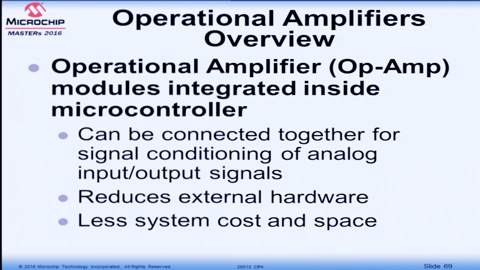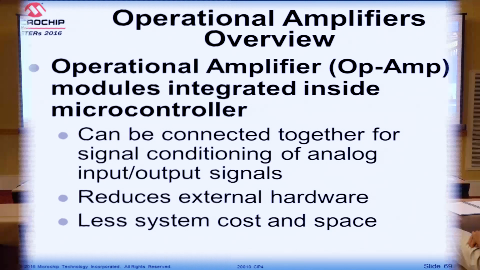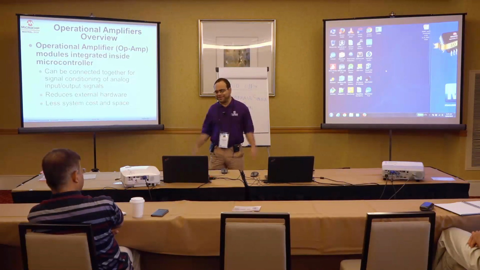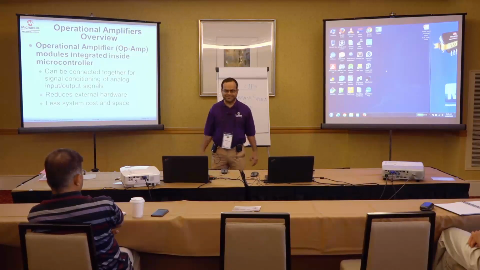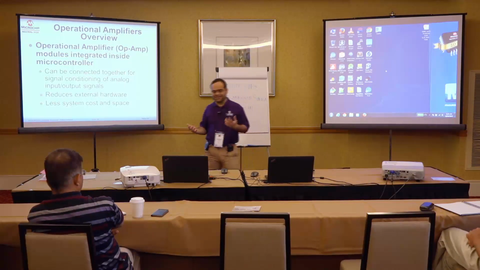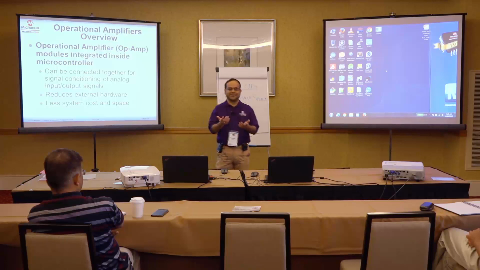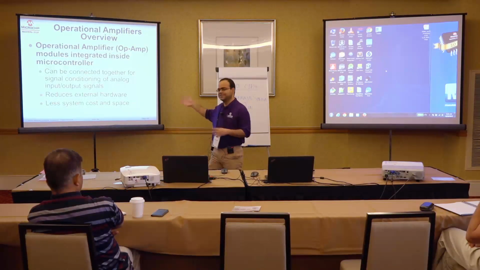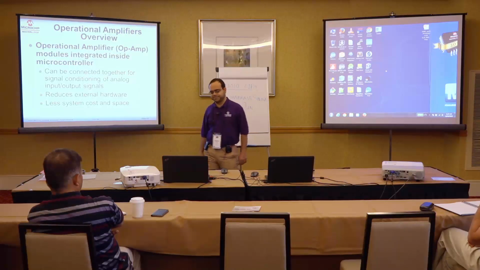And finally we talked about operational amplifiers. Like we saw, some comparator modules can alternatively be configured as an op-amp, and this is very useful because you would want to amplify some signals or implement some analog filters and so on, or a level shifter. There could be a lot of discrete or external circuits that you can now bring on chip by combining some of these op-amp modules together.